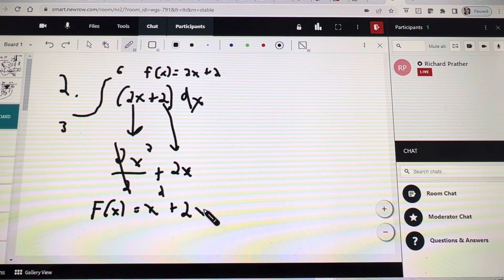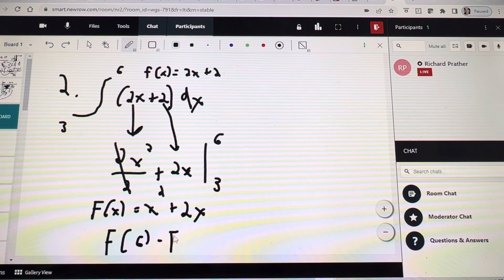Now evaluate it from 3 to 6. In the fundamental theorem of calculus, you do big F of the higher number, or the top number, first, minus big F of 3. We say we're going from 3 to 6, but then we do F of 6 minus F of 3.